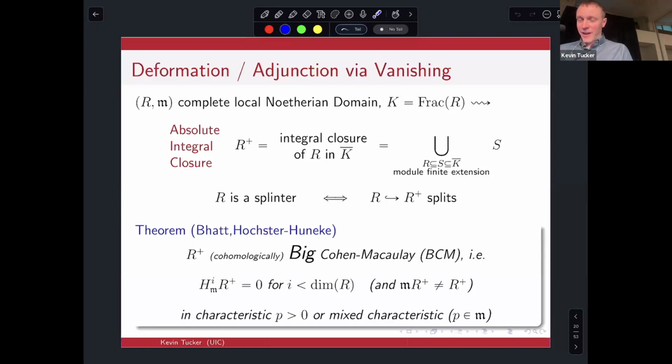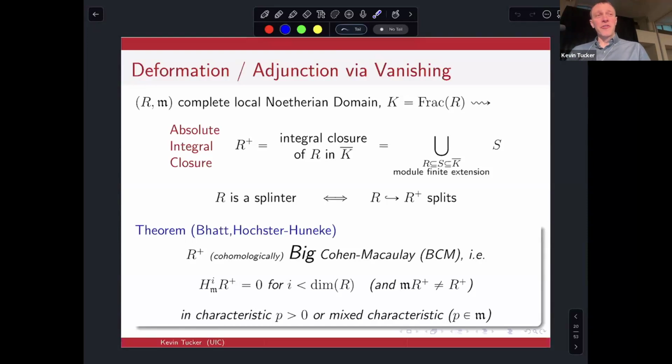There are other variants on the big Cohen–Macaulay condition, namely, I could ask that I have a system of parameters for R that is a regular sequence on R^+, or I could ask the same for all systems of parameters. These notions all agree after completion.